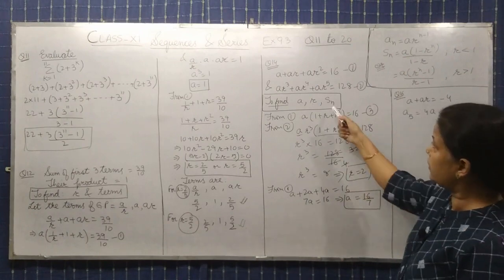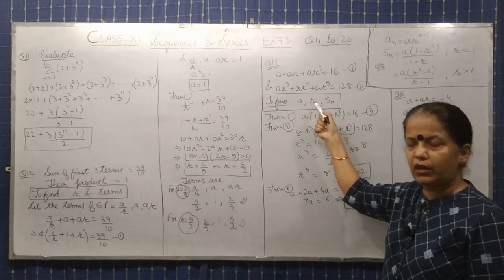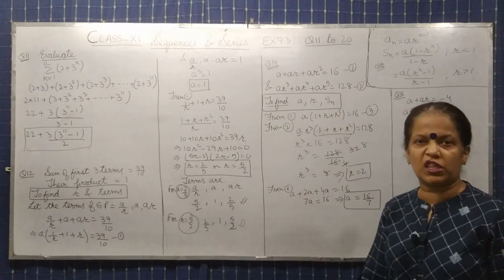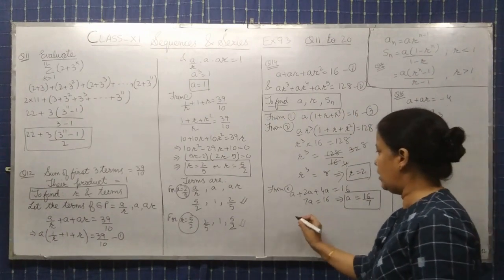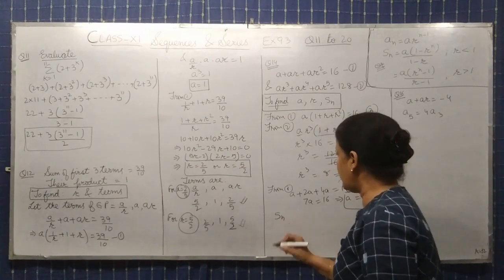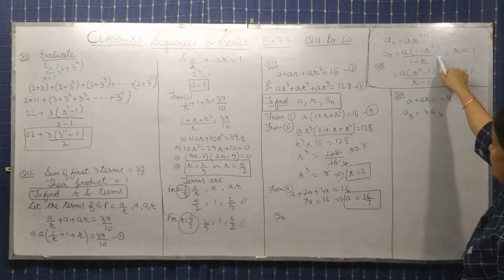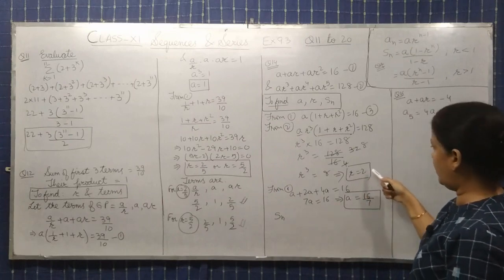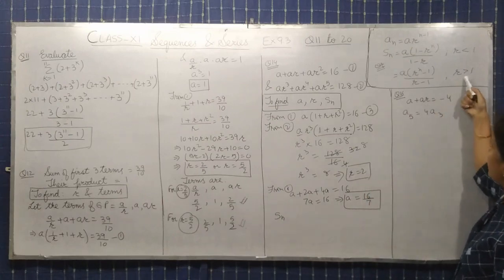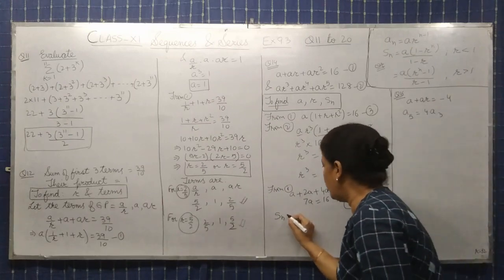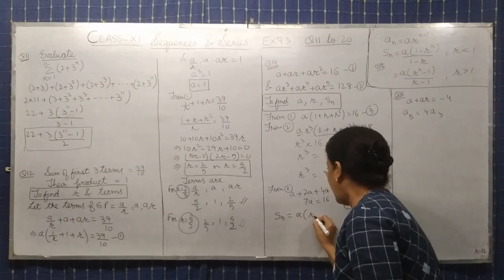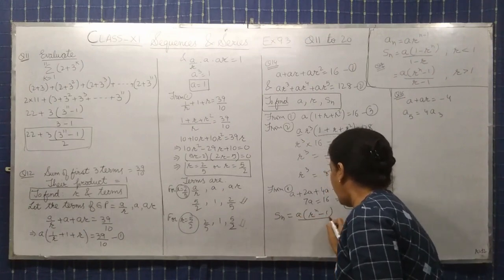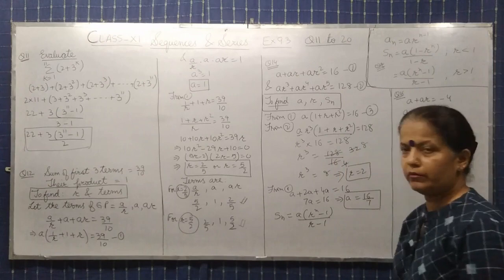Now the question is, two things we have taken. Now you have to find the sum Sn. What is the formula of Sn? Either this or this. It depends upon R. Here the R value is 2, which is greater than 1. So you will use A into R power n minus 1 upon R minus 1.